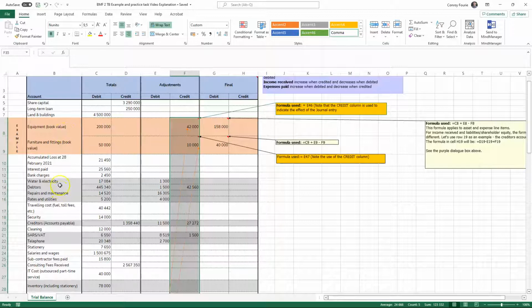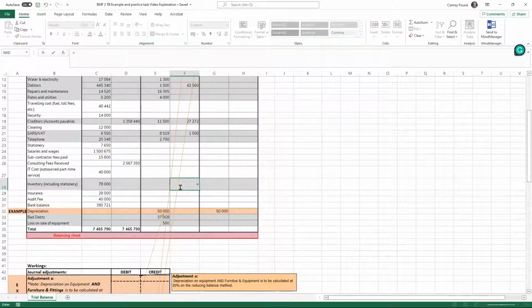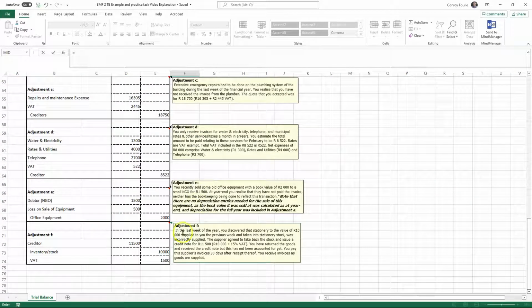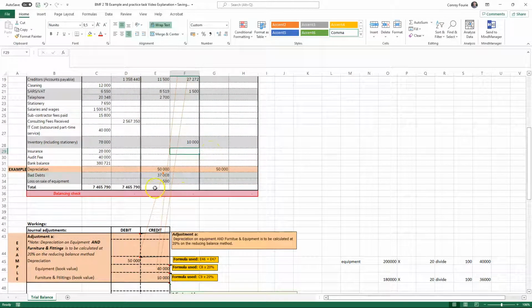Where's the stock? Inventory. Remember, we took out 10,000 Rand in a journal entry, so we need to equal that and go down to the inventory account, and now we hopefully will balance.